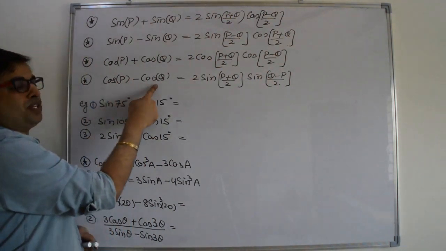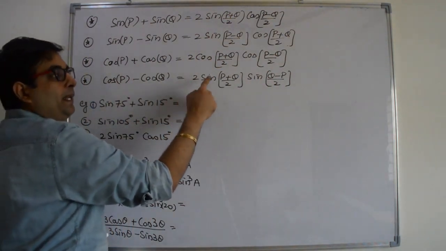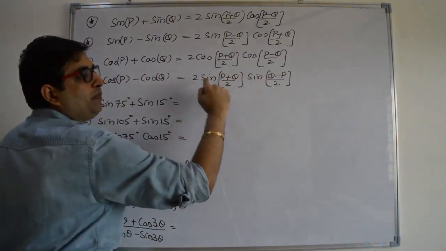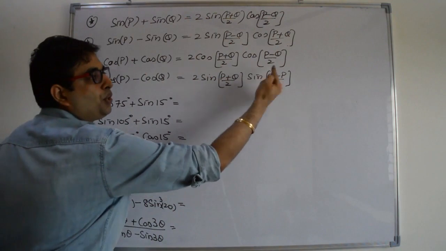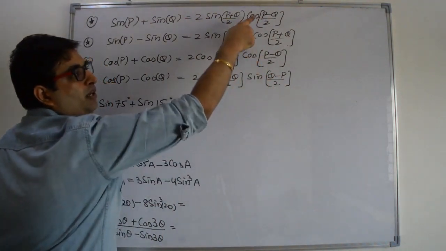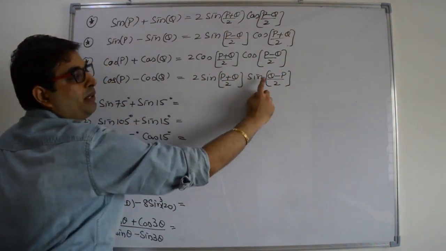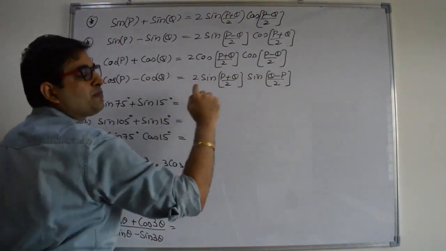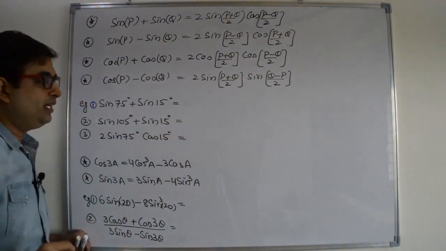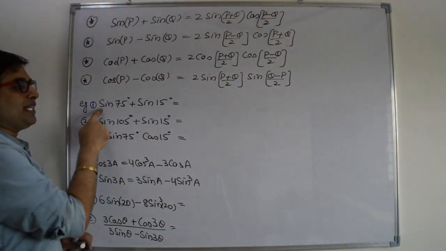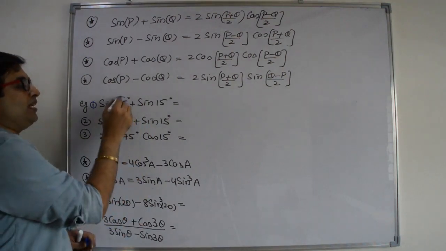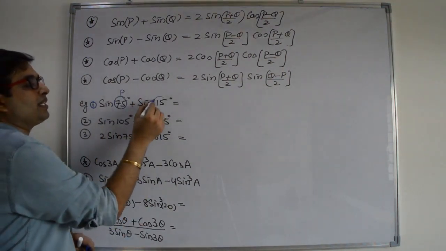Cos P minus cos Q is 2 sin((P+Q)/2), and here there is a change: it is sin((Q−P)/2). In the above formulas it is P minus Q, but here in cos P minus cos Q it is sin((Q−P)/2). Right? Now let us see some examples. Sin 75 plus sin 15 degree. So this is P, this is Q.